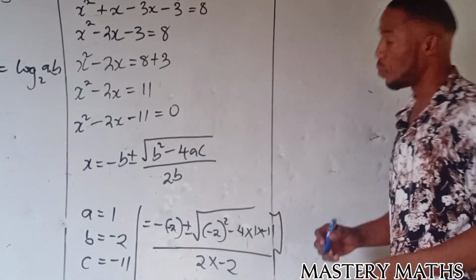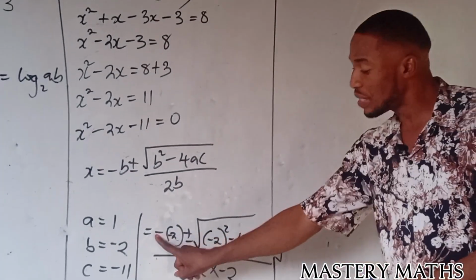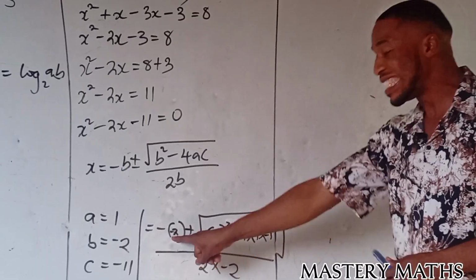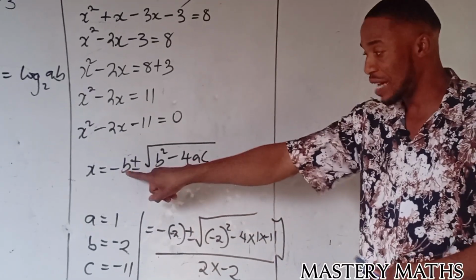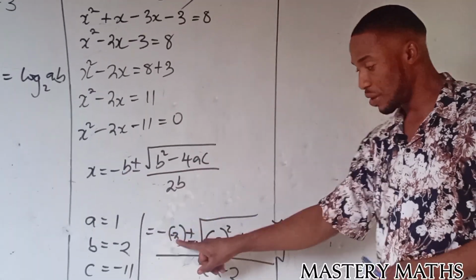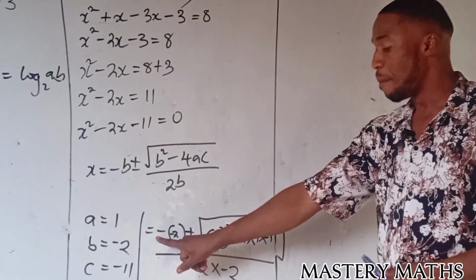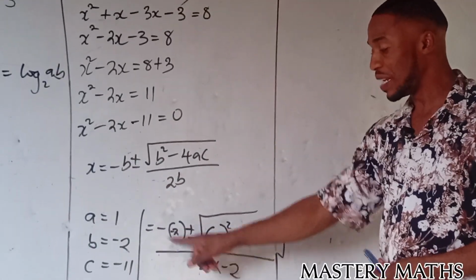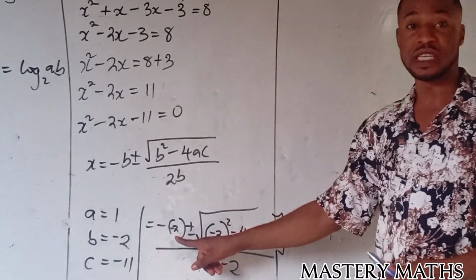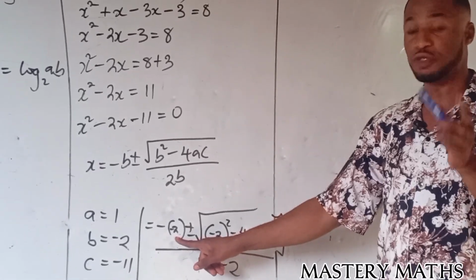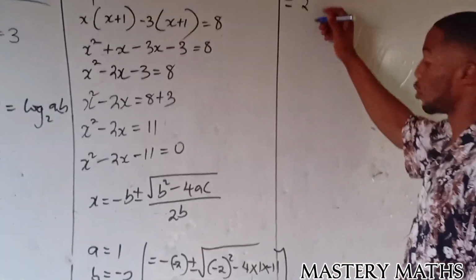You see it now? The minus outside multiplied by the minus inside, negative times negative, gives us a positive 2. So here you have your 2 plus 2.